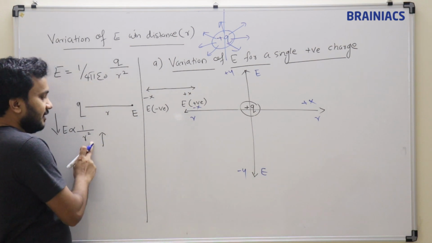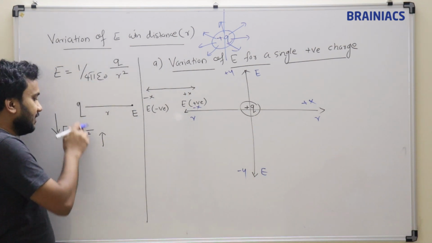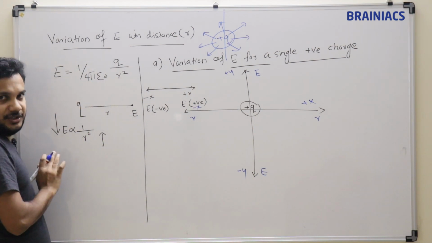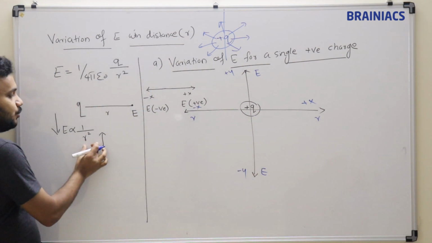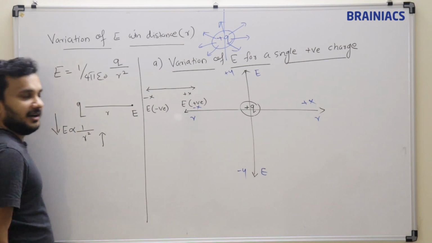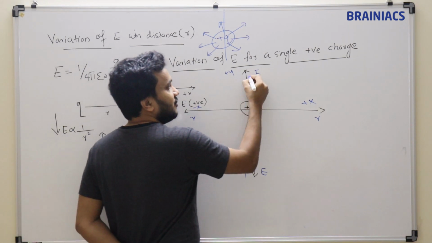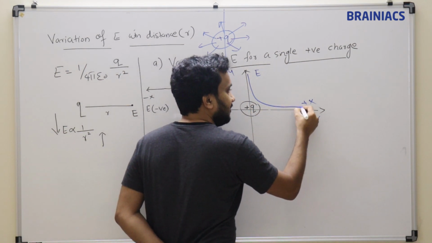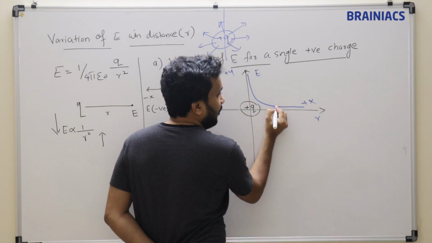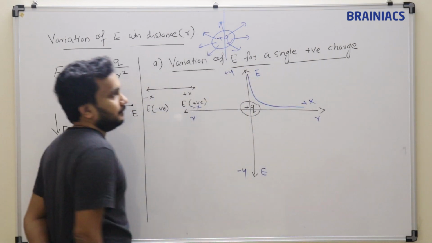When R increases, according to this equation, the electric field reduces. So at this point R is very small, and if R is very small, the electric field is very high. This means nearer to the charge, the electric field is higher. When the distance keeps increasing, the electric field goes down like this.